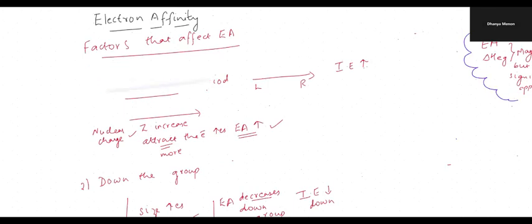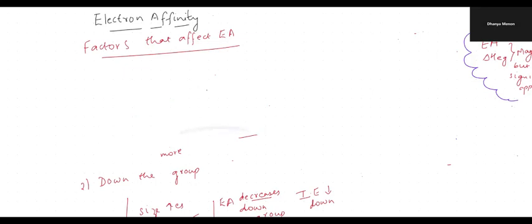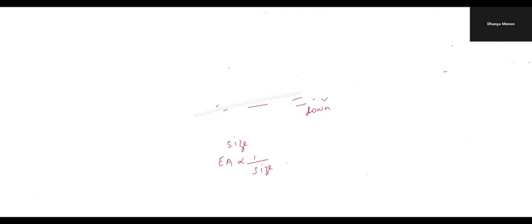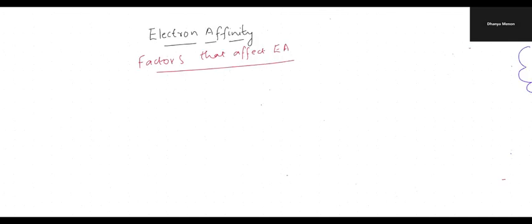Now coming to some special cases, and also some examples of some groups and periods. Suppose we have period 2: lithium, beryllium, boron, carbon, nitrogen, oxygen, fluorine, and neon.